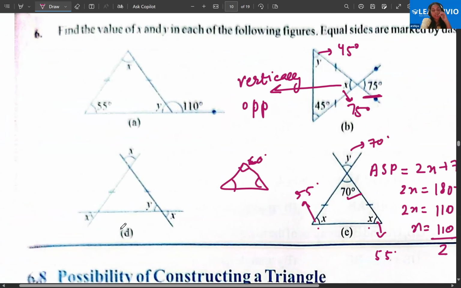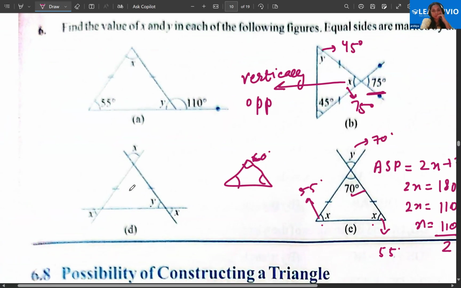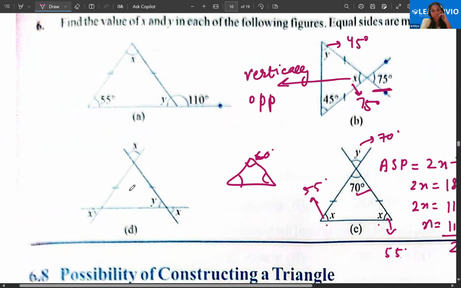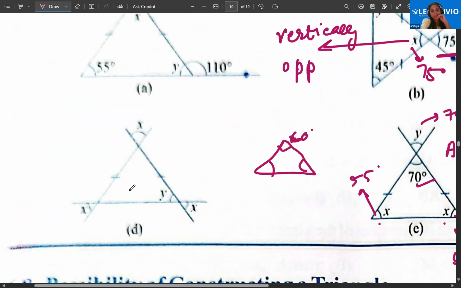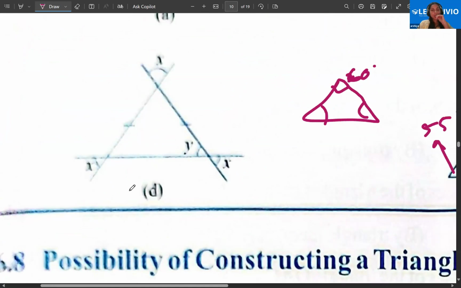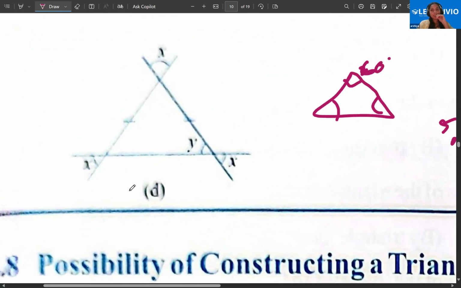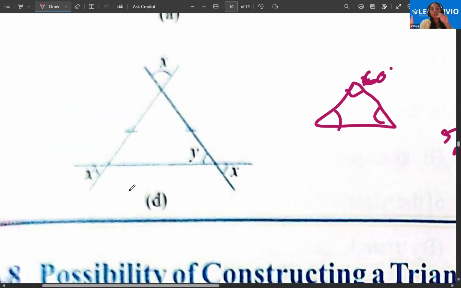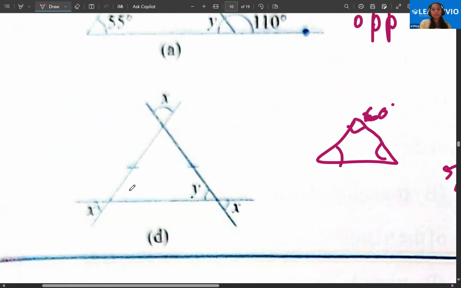This one, I gave you as homework also. Did you give it from my textbook? No, I gave it from the one I was teaching, but it's the same question here also.